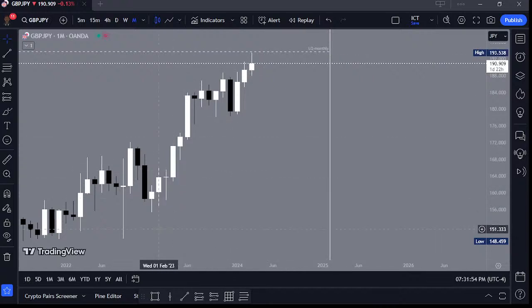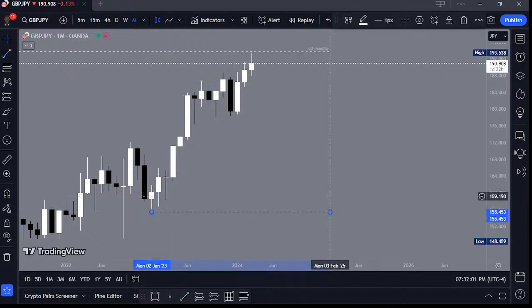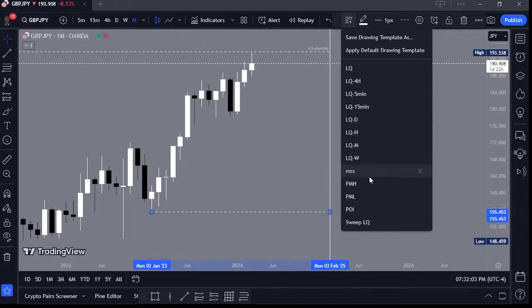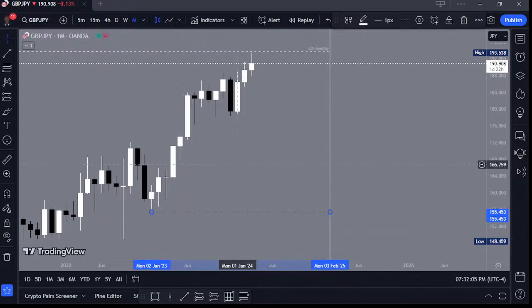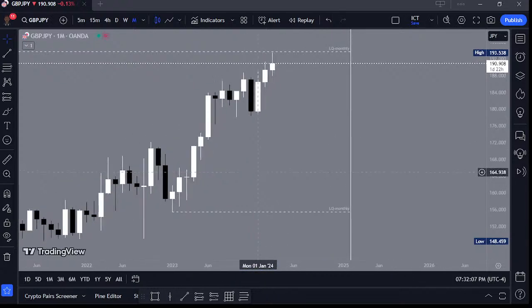So I'm gonna check for another liquidity. These are swing lows and swing highs. That's another monthly liquidity.